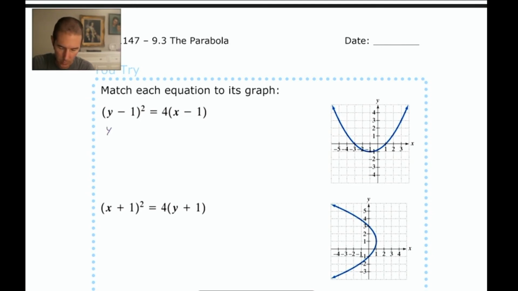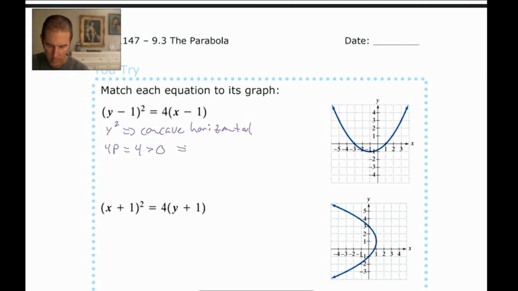So I see the y squared, therefore concave horizontal. I see that 4p is equal to 4, and 4 is greater than 0, therefore it's concave in the positive horizontal direction.